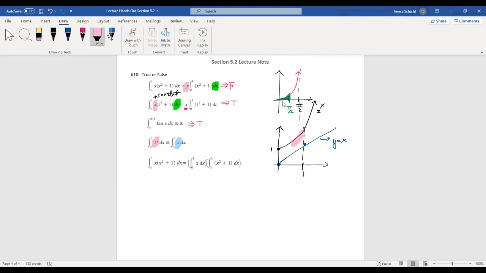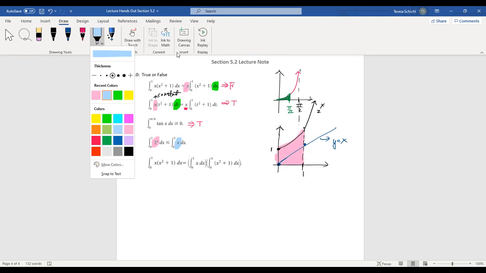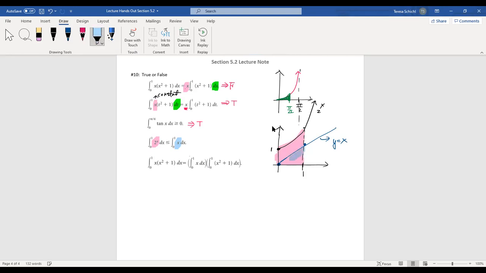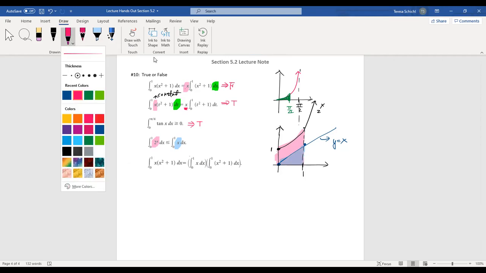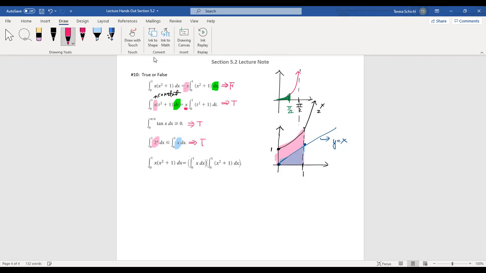I'm color coding that, right? So it's everything under the 2 to the x here, right? And then what is this x here? The x is just everything under this one here. I can try to color that, right? Now, which area is bigger? Of course, the pink area, right? So the pink area is bigger. So that means this is what? This is false here. So this has to be greater than.